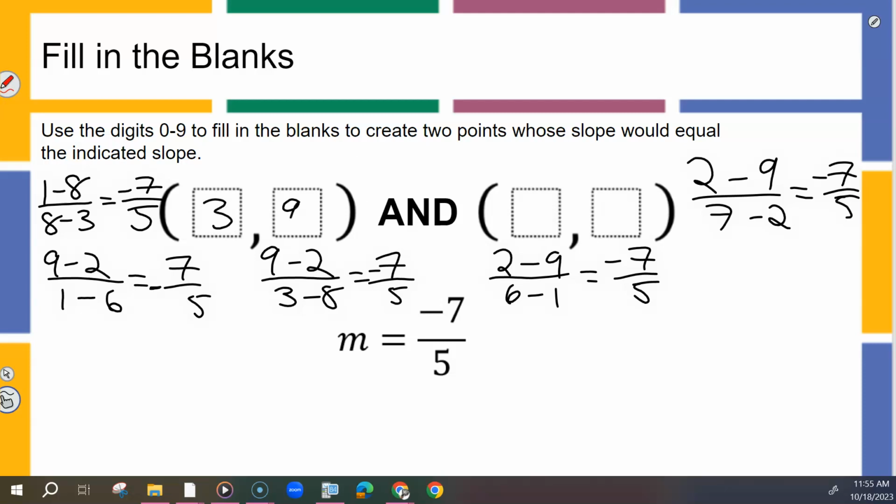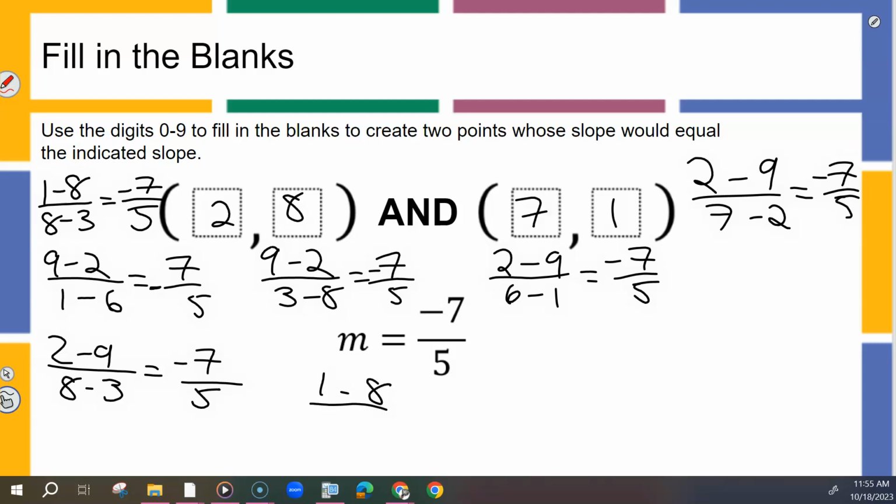3, 9, 8, 2. This one was Dundel's: 2 minus 9 over 8 minus 3. And then the last one, this one was K's: 1 minus 8 over 7.